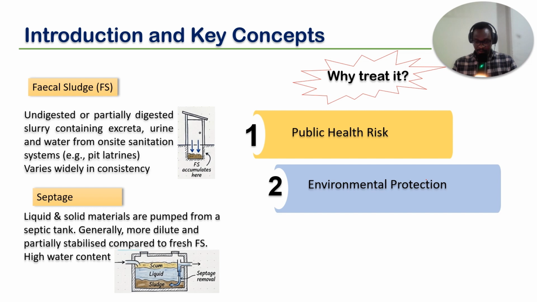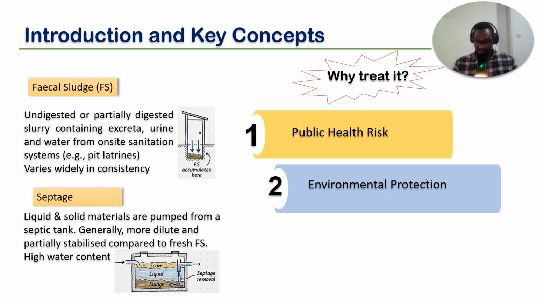And eutrophication is the accumulation of algae, and this algae consumes oxygen that would be needed by the fish for growth and also affects the water quality. So ensuring that we treat this waste to permissible standards set by the World Health Organization or those responsible for the standards for discharge is key so that we prevent environmental pollution.